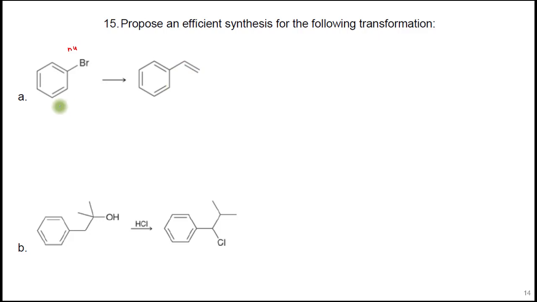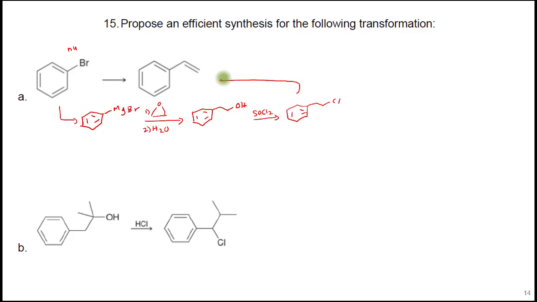So if I make this into a Grignard, you could attack an epoxide if you wanted. Convert that to a good leaving group. And then do an elimination.